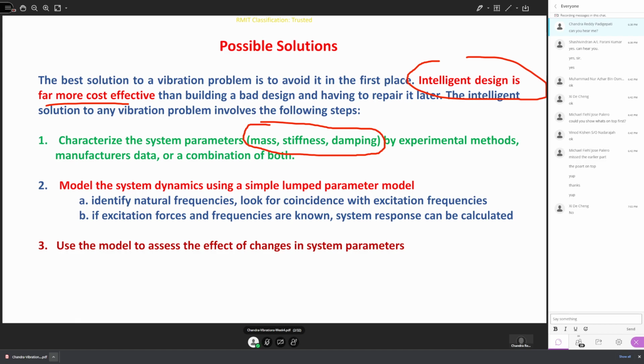Later we will understand that if you just increase the damping constant, you may not be reducing the vibration. So increasing the damping constant is not a solution. There must be a proper mix of these things. The amount of mass, stiffness, or damping constant must be appropriately chosen based on theoretical considerations.